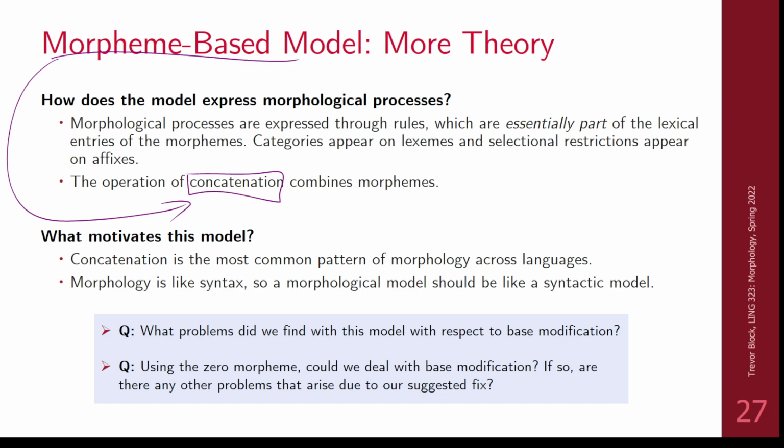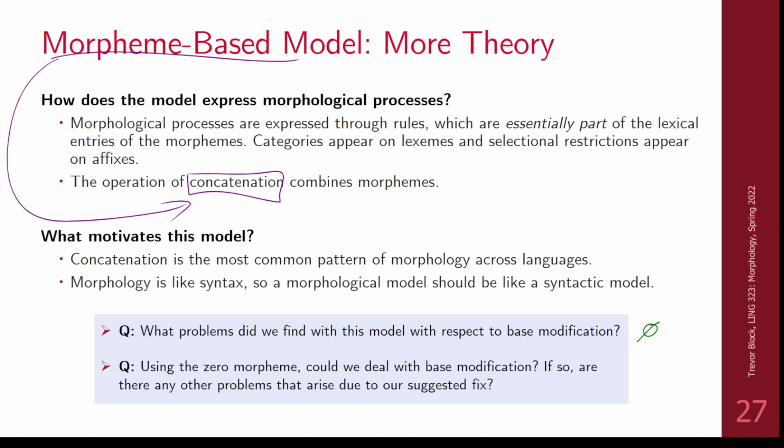It also resembles syntax in a lot of ways: how you can create words from rules, you can create sentences from rules, so a model for morphology should look like something from syntax. But what we found was that with base modification, we need to posit a bunch of zero morphemes, empty unpronounceable morphemes, which just doesn't seem satisfactory.